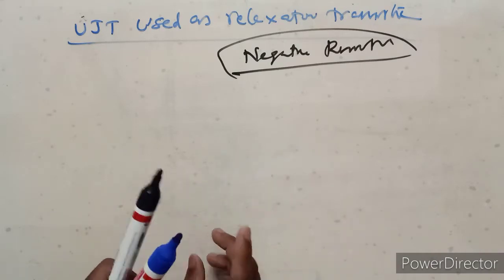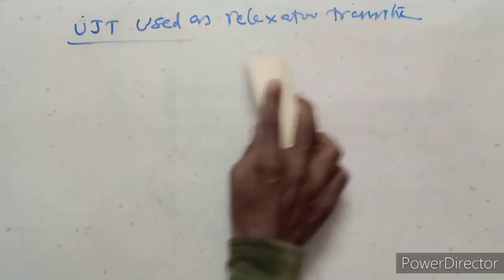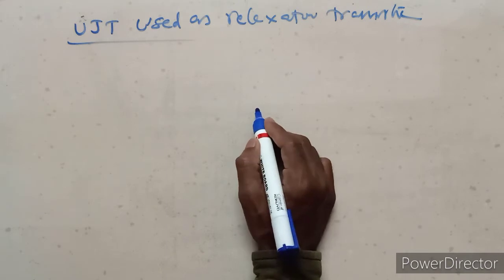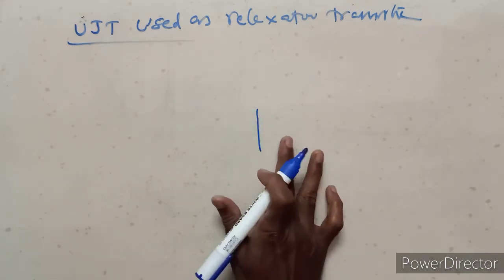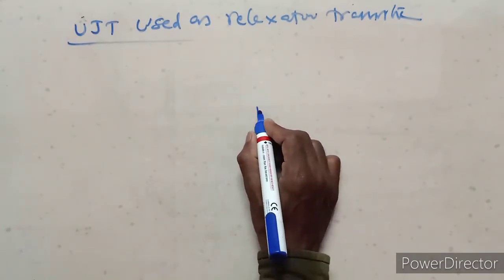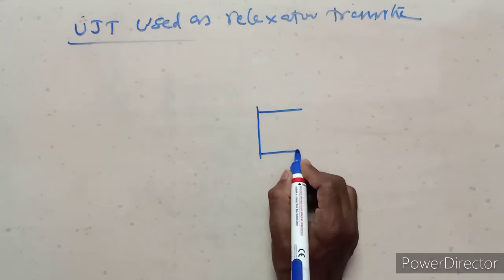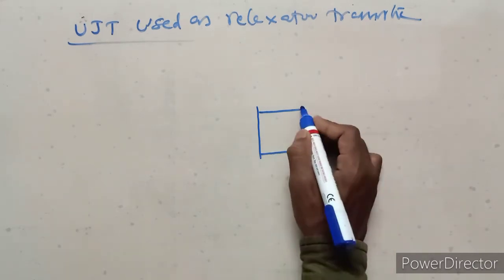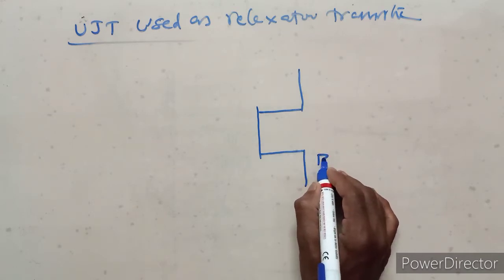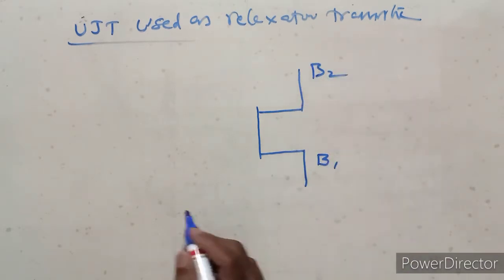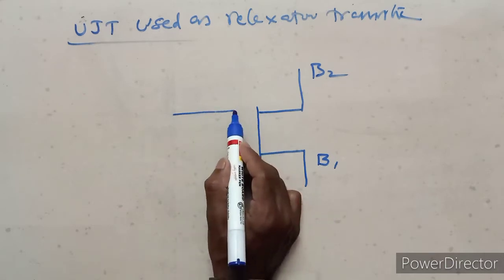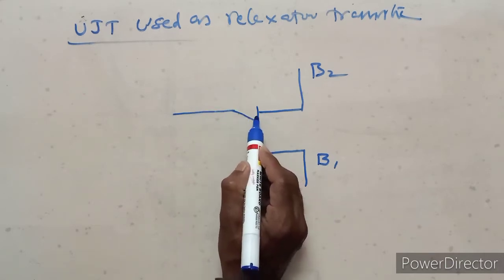First of all, draw the circuit diagram of the relaxation oscillator. This is the symbol of the unijunction transistor. This is B1, this is B2. The emitter is closer to B2.